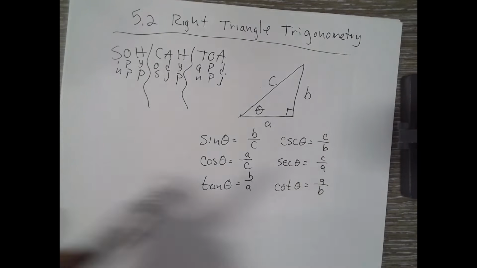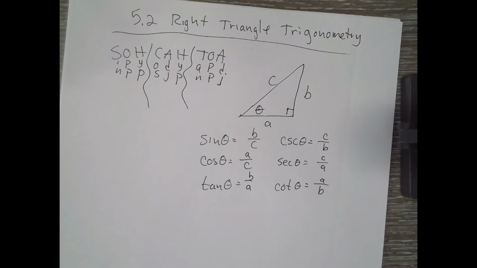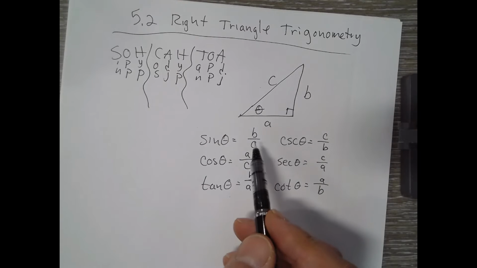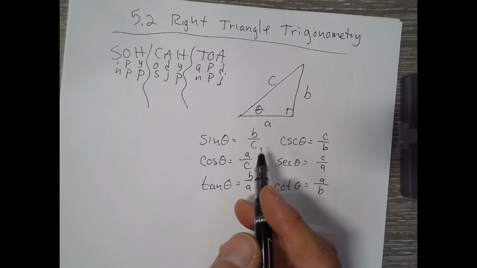I don't say opposite. Opposite in math means the opposite sign. So sine of theta and cosecant are not opposites, and they're not inverses, they're reciprocals of each other.